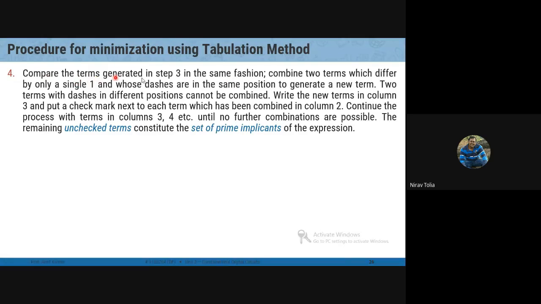So the rule says compare the terms generated in step 3 in the same fashion. Combine the two terms which differ by only a single bit, and whose bases are in the same position. Okay, and whose bases are in the same position. So we have to check if the bases are in the same position, and then we have to check whether there is a change in only a single bit or not. So two terms with the bases in different positions cannot be combined.